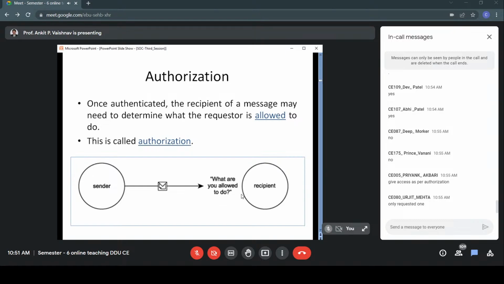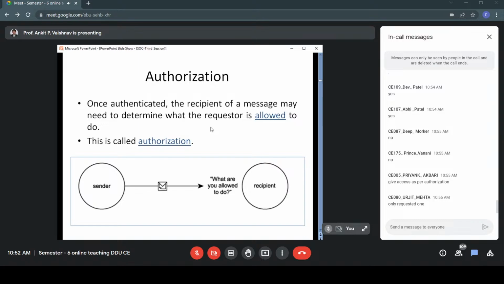Recipient is verifying what you are allowed to do, based on the SOAP message content. Once authenticated, the recipient of a message may need to determine what the requester is allowed to do. This is called the authorization process.